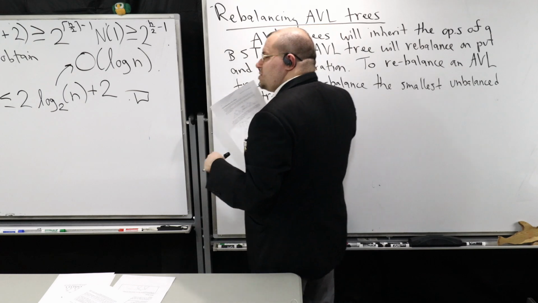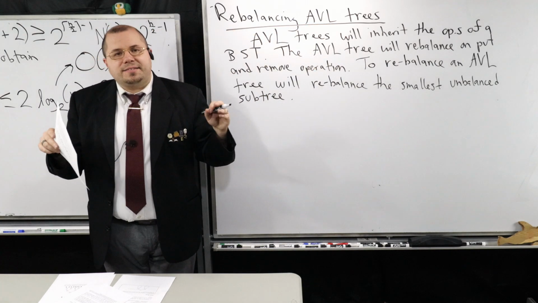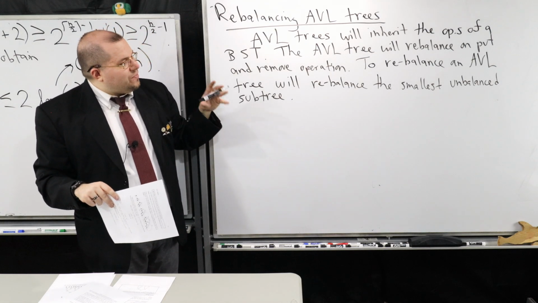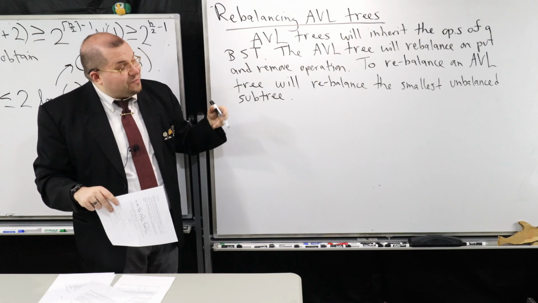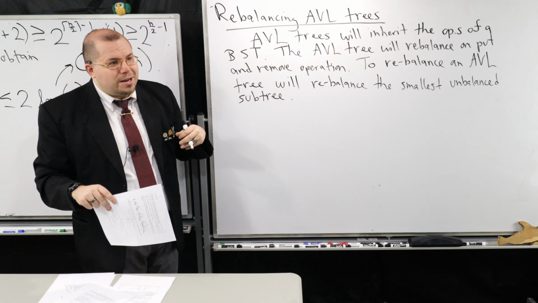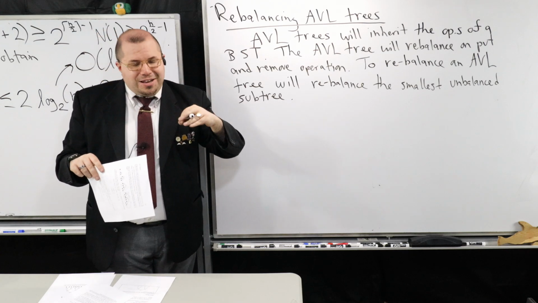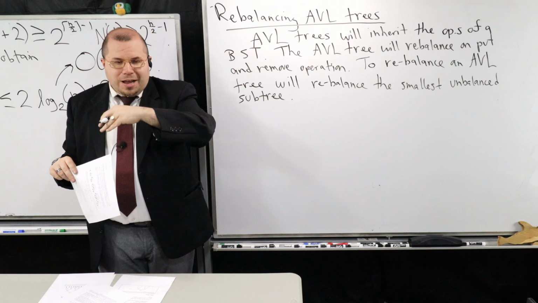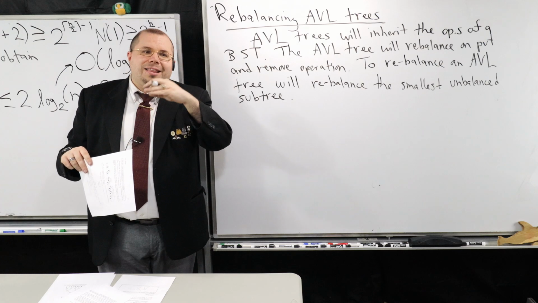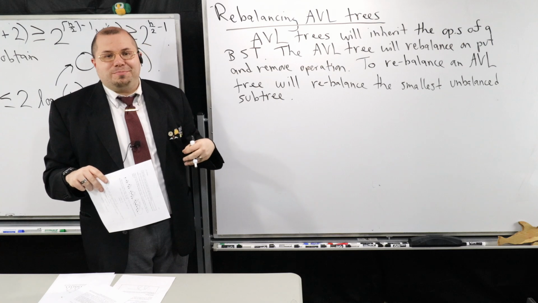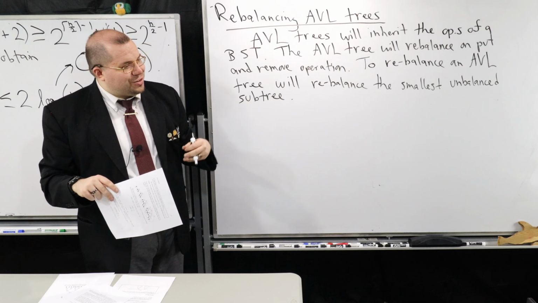Do you remember the first property I told you, that any subtree of an AVL tree is also AVL, right? So it means that if an imbalance happens that violates the height balance property, because remember, our goal is that before we do an operation like an insertion or removal, the height balance property has to be true at every internal node. And then after I do one of these operations, the height balance property has to be maintained over all of the internal nodes.